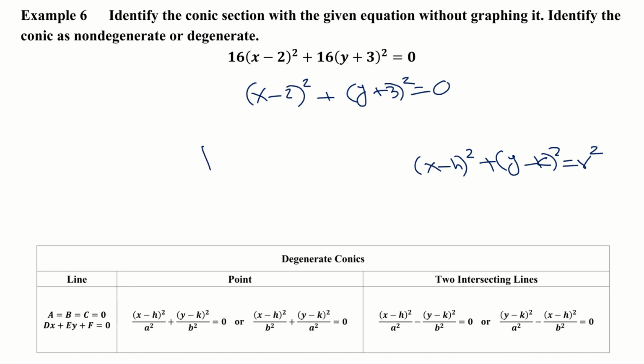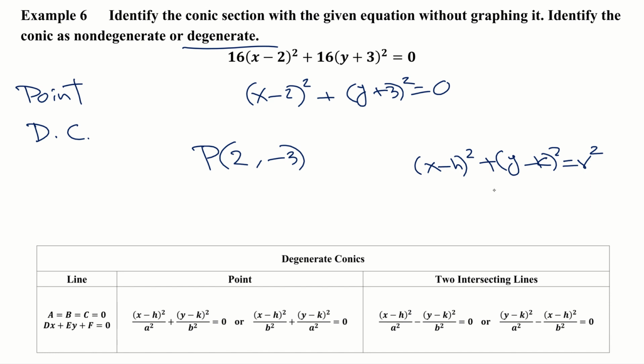If you were to graph this, you would graph this point in the Cartesian coordinate plane. So the result here is a point, which is a degenerate conic. So it's one of the degenerate variety.